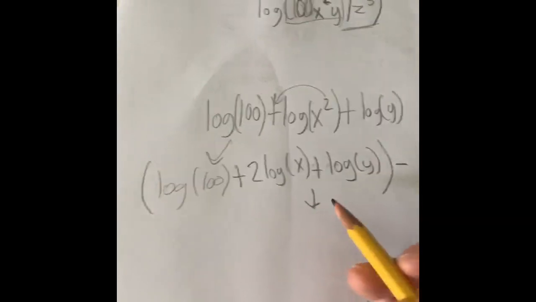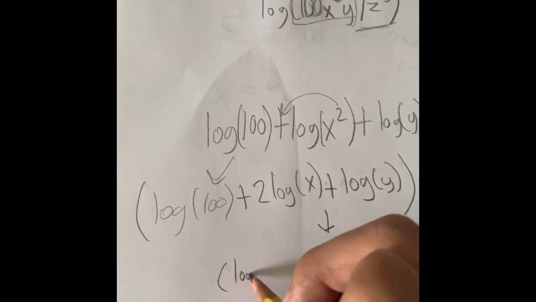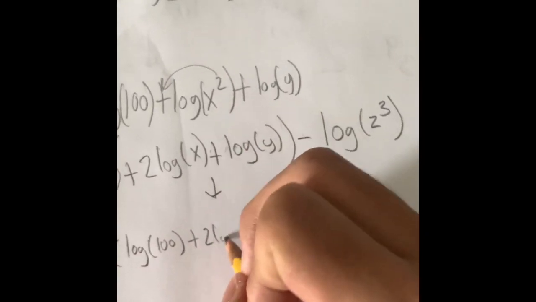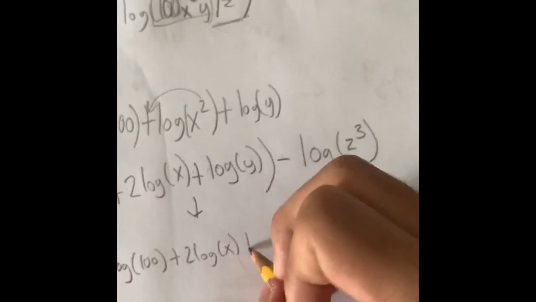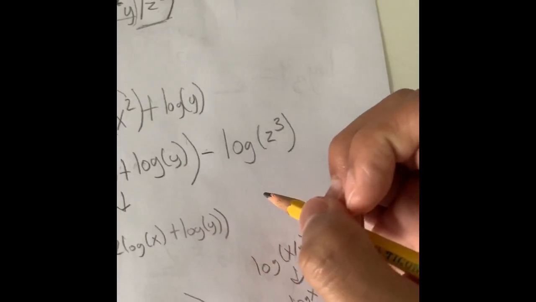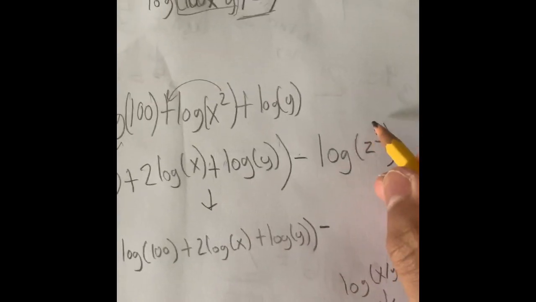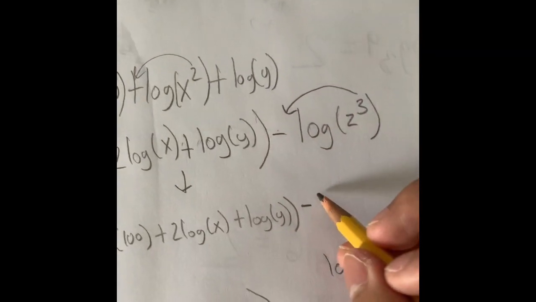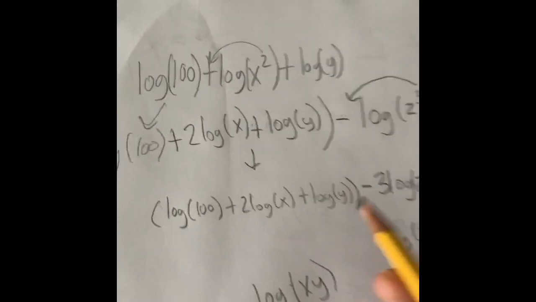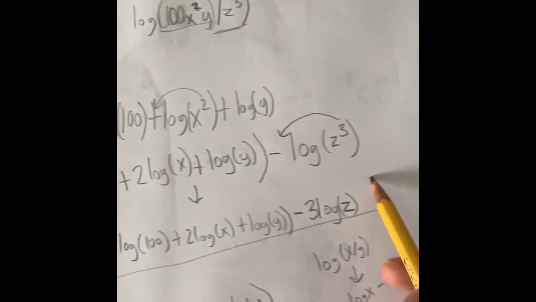So now we have log 100 plus 2 log x plus log y, and I'm just putting the parentheses to make it more organized, minus, and then we move that 3 to the front. So then it's 3 log z. And look, there it is expanded.